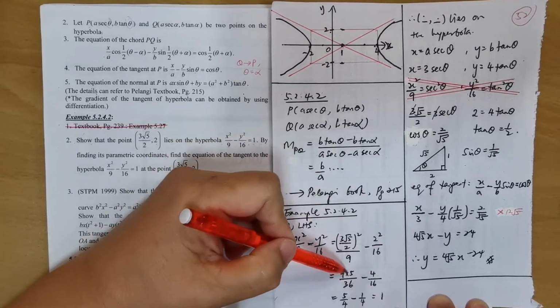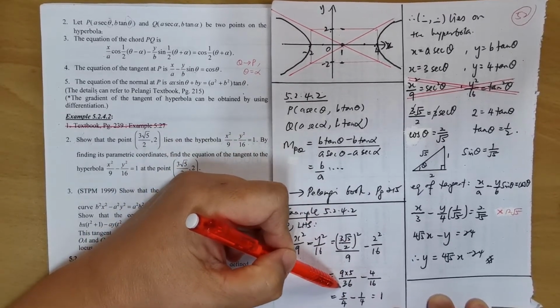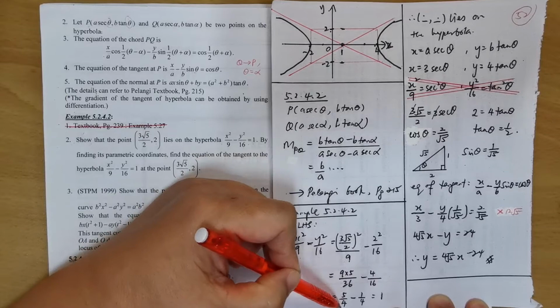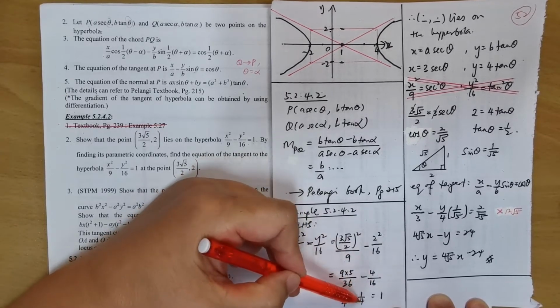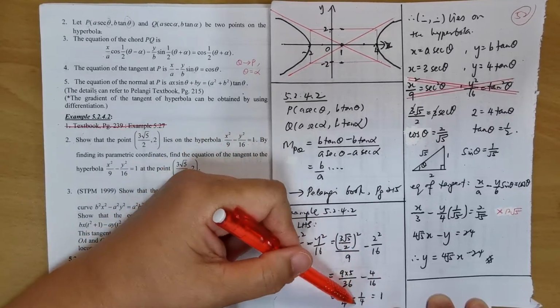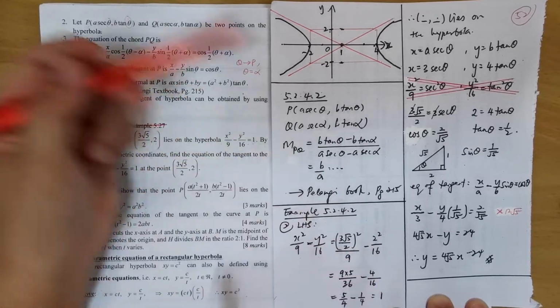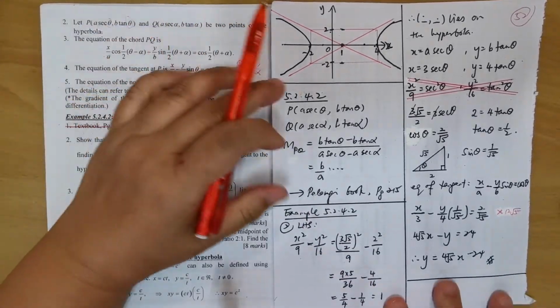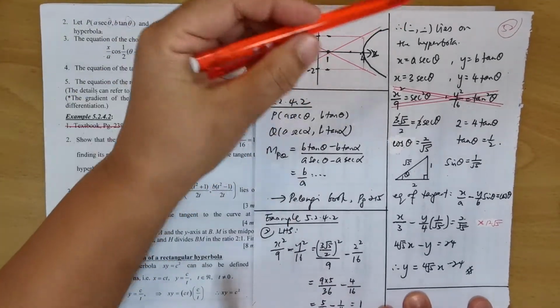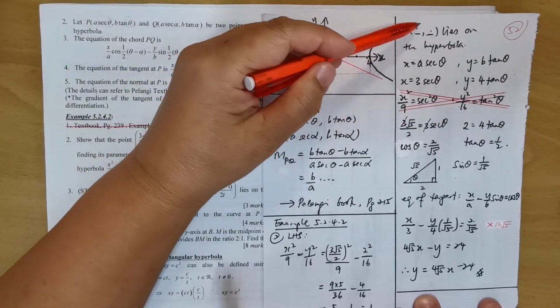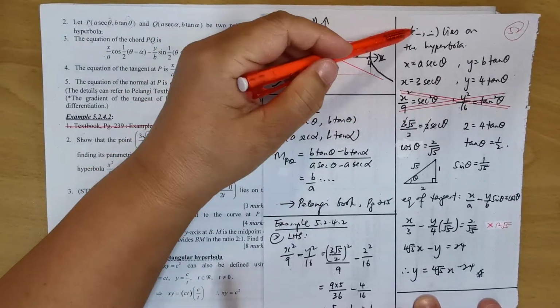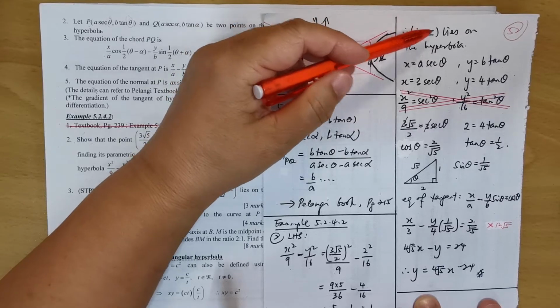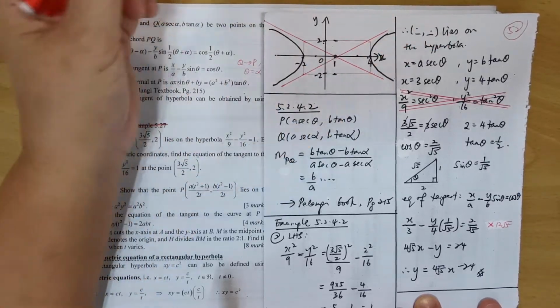Simplify, 45 over 36 simplified by 9 is 5 over 4, and this one simplified is 1 over 4. So 5 over 4 minus 1 over 4, 4 over 4 is 1. Then you can make the conclusion. I didn't write it, you write it: the point 3 square root 5 over 2 and 2 lies on the hyperbola.